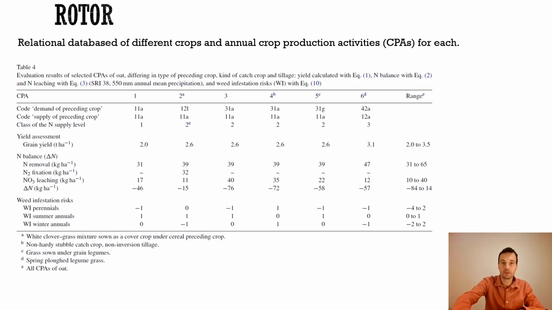Crop production activities are evaluated for yield, economic performance, nitrogen balance, nitrate leaching, and weed infestation risks, using data from field experiments, farm trials and surveys, expert knowledge, and soil crop simulation models.